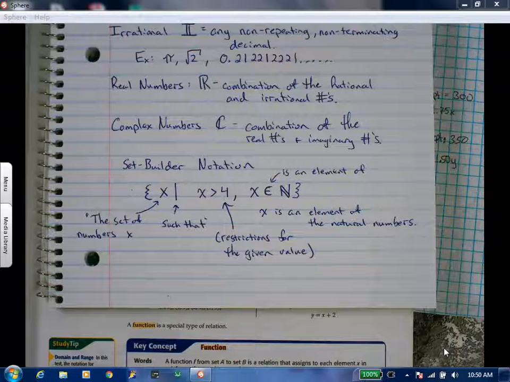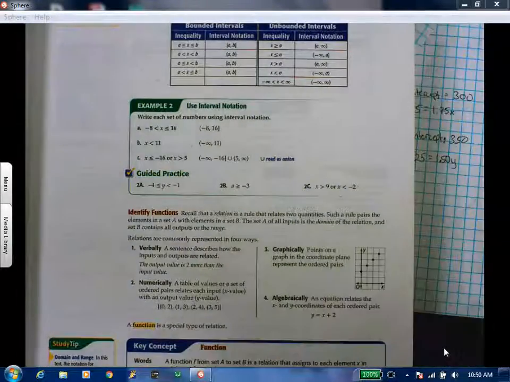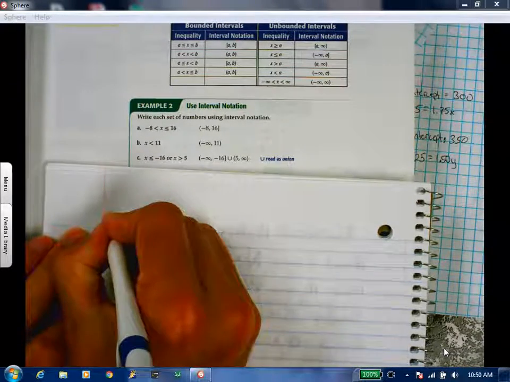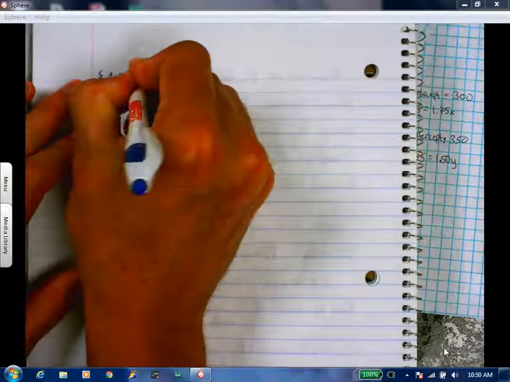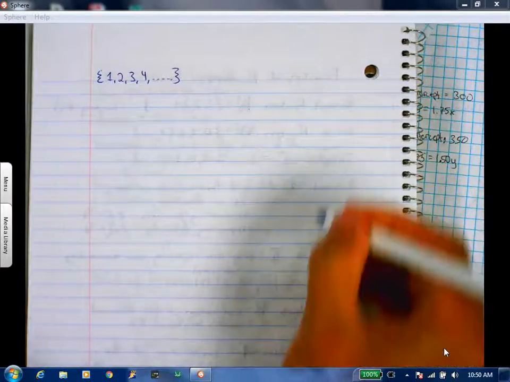Okay. So let's say we have this set. This is just an example out of the book. They're just giving us 1, 2, 3, 4, and so on. How would you write that in set builder notation?